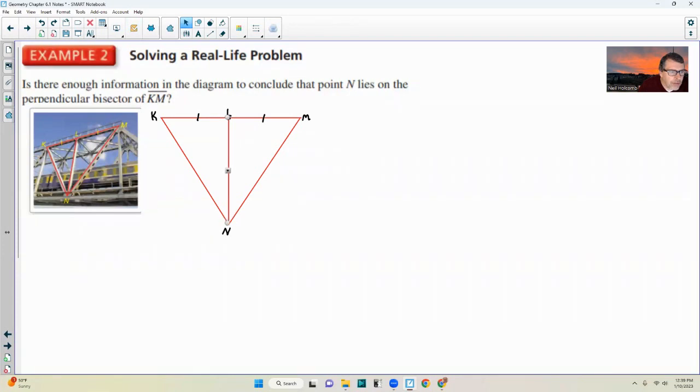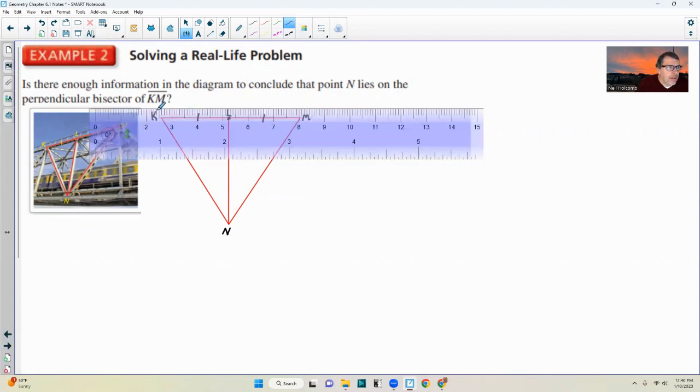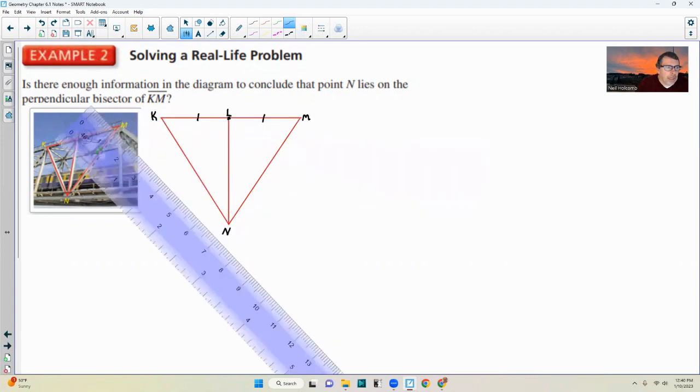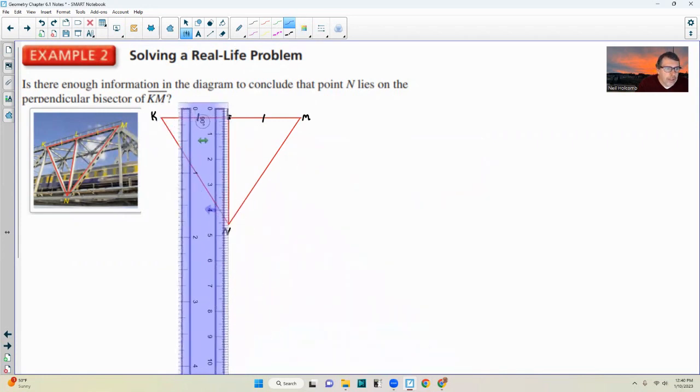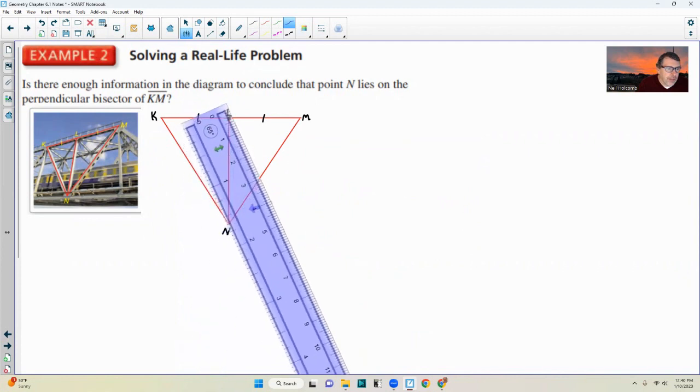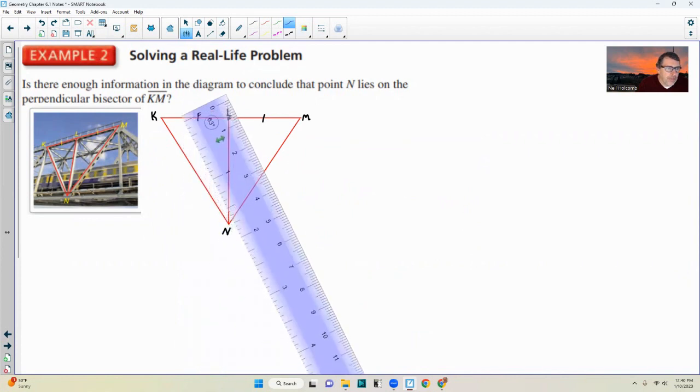I can't even do it, because the computer snaps to 90 degrees. Let me get my ruler and put a line segment through L. That's going to do the same thing, actually.